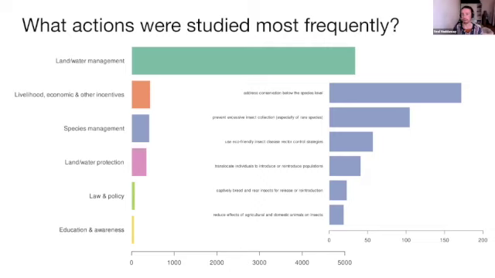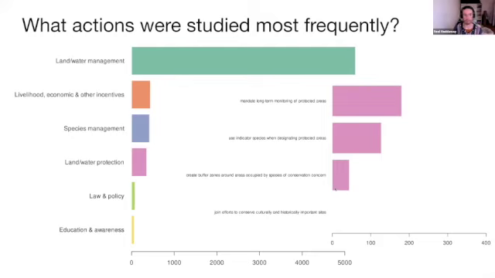So we mean management of populations, for example, and a number of other categories there. For land and water protection, there was a smaller number of studies on things like mandating long-term monitoring of protected areas, using indicator species and buffer zones around areas occupied by conservation species.